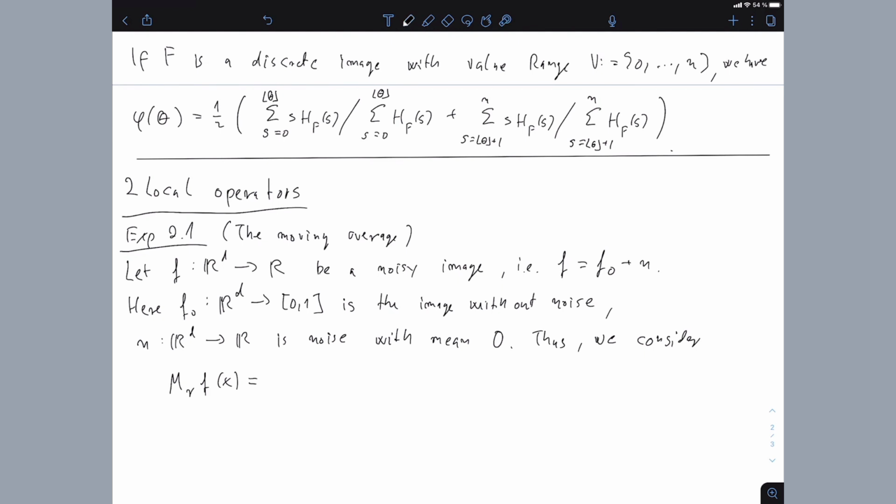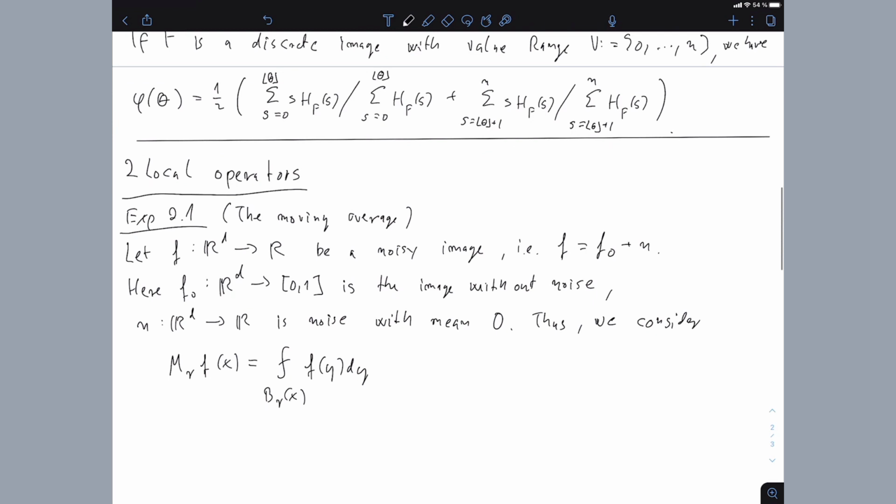We can define this with the following notation. We are taking the mean value of F inside the ball around X with radius R. So the window in this case would be a ball. Let me define the ball so that we know this notation. These are all points in R^D where the Euclidean distance to X is smaller than R. Really just a ball with radius R where the boundary does not belong to the ball, so it's the open ball.